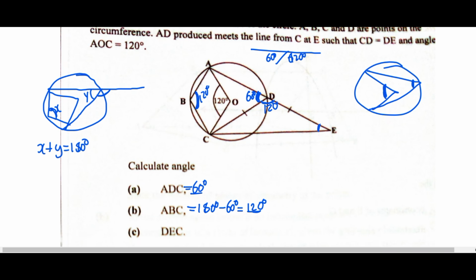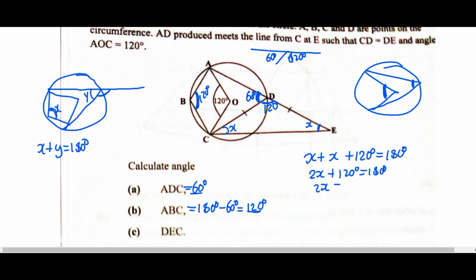Now we have an isosceles triangle, so the angle here and here are equal, so we can put x here and also x here. So let's solve for x. x plus x plus 120 is equal to 180. So 2x plus 120 is equal to 180.